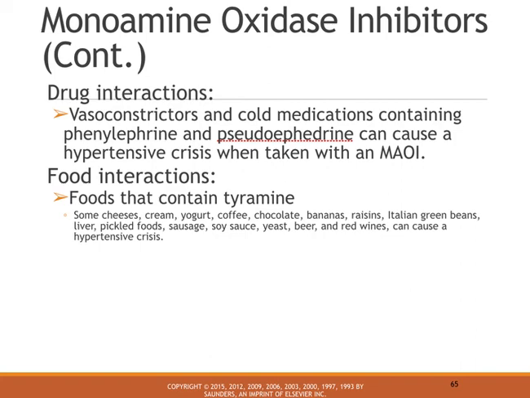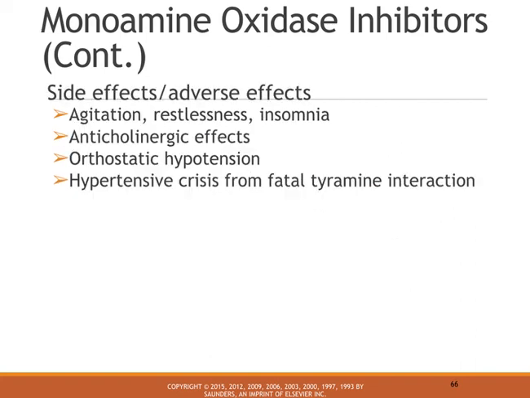And so that's a big part as to why they're not prescribed very much anymore. And then we've got some side effects, adverse effects to take into consideration. These are notorious for orthostatic hypotension, anticholinergic effects, and then remember that tyramine interaction can trigger a hypertensive crisis.